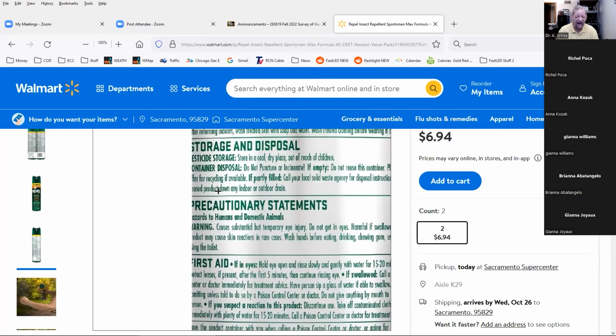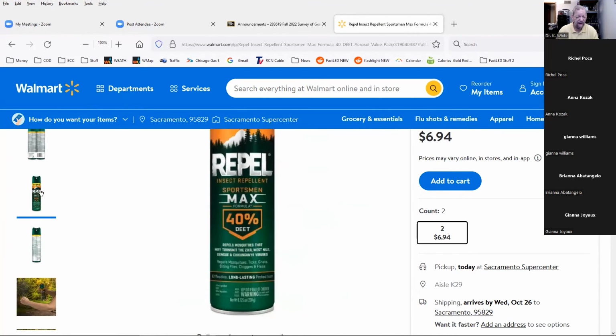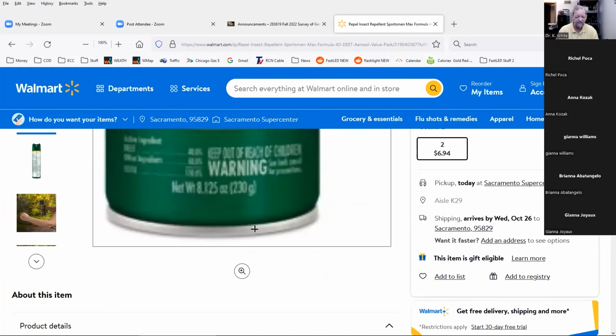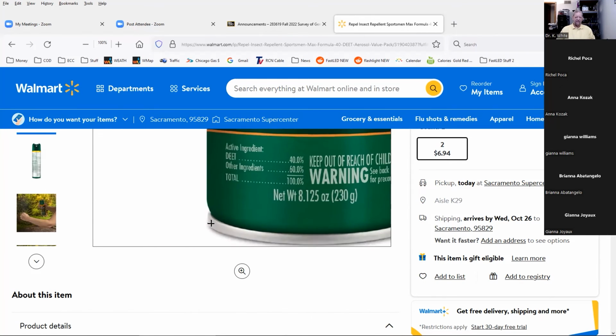If you look on the front, you can barely see it, but at the bottom it says 40% DEET. That's by mass percent concentration. The higher that number, the more of the active ingredient, the thing that keeps mosquitoes away.